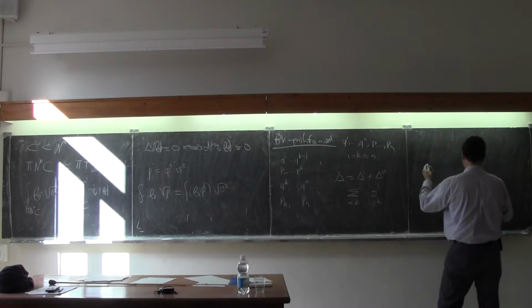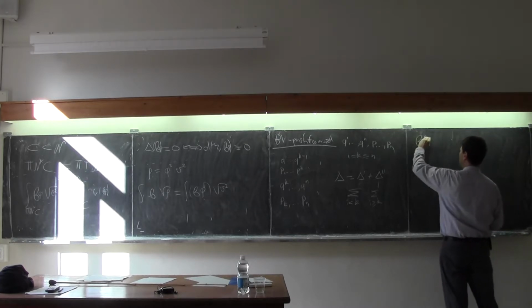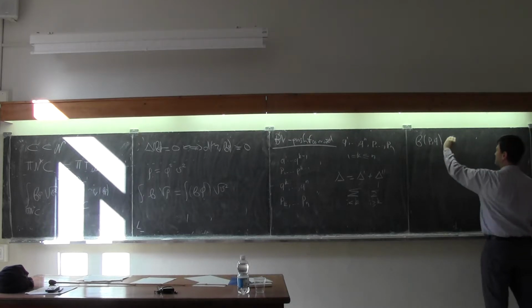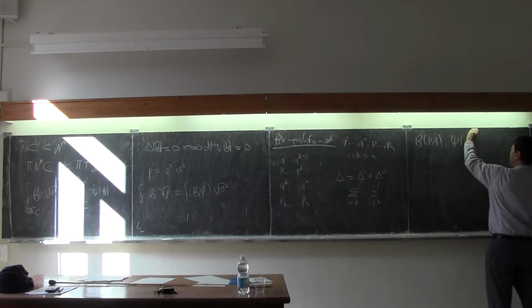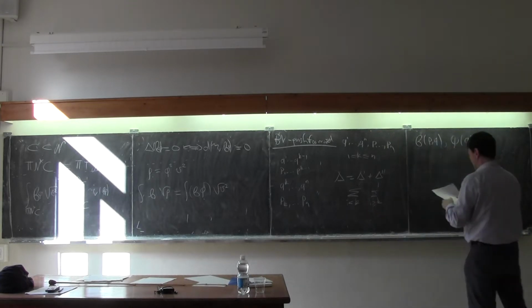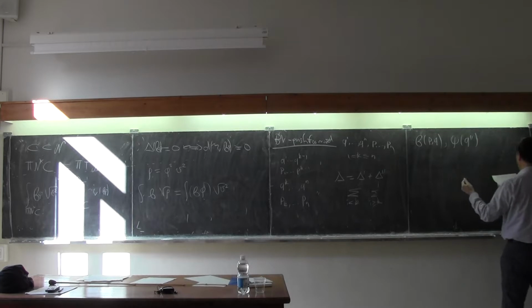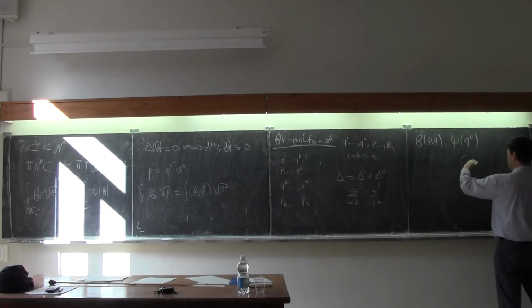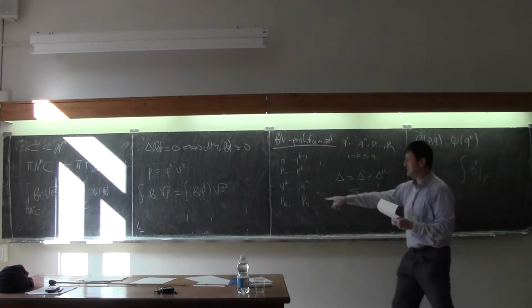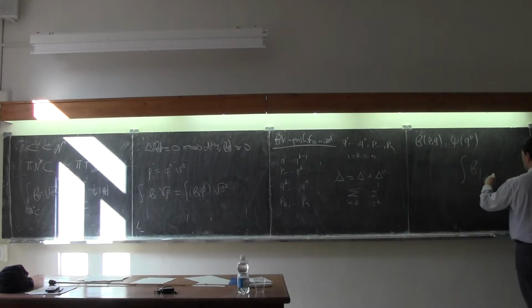Now, suppose that, as before, we have a function f that depends on all the p's and all the q's, and a function psi that now depends only on the second set of q variables. Then what you can do is take the integral of f, set the p double prime variables equal to the derivative of this psi, and integrate over the q double prime variables.